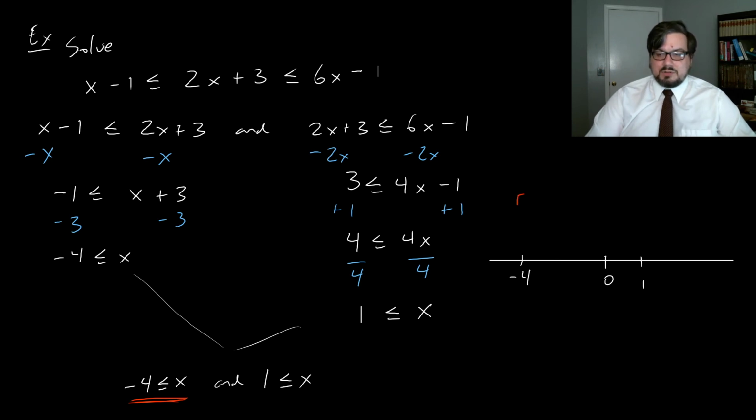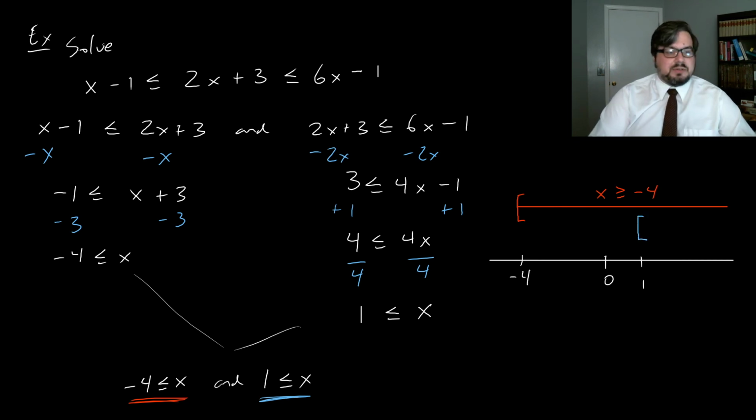That's going to be an inequality whose solution looks like this. So here's x is greater than or equal to negative 4, which is the red inequality that we had below. Now the blue inequality says x is greater than or equal to 1. We can write that down like that.